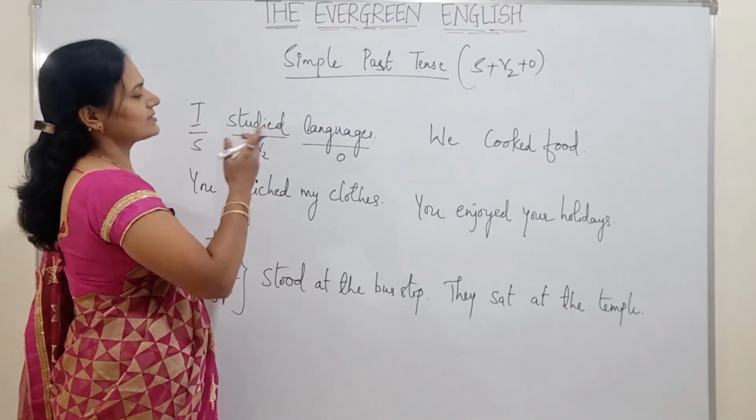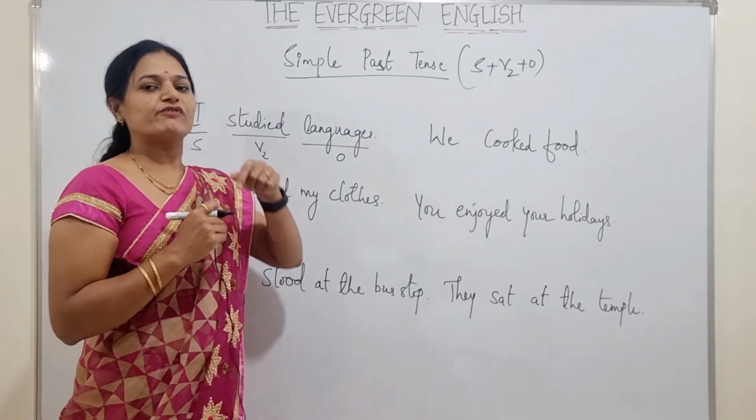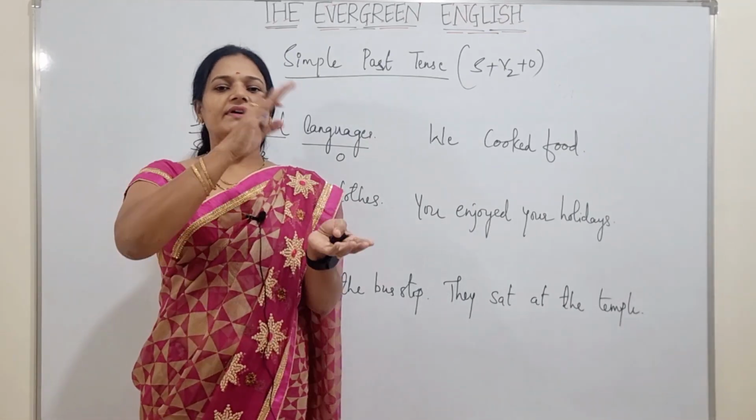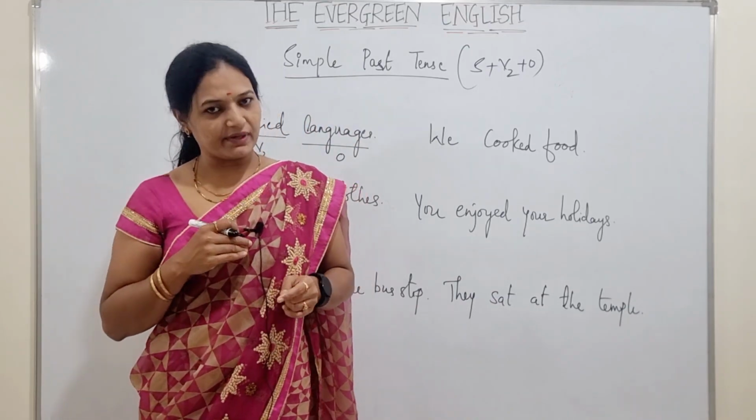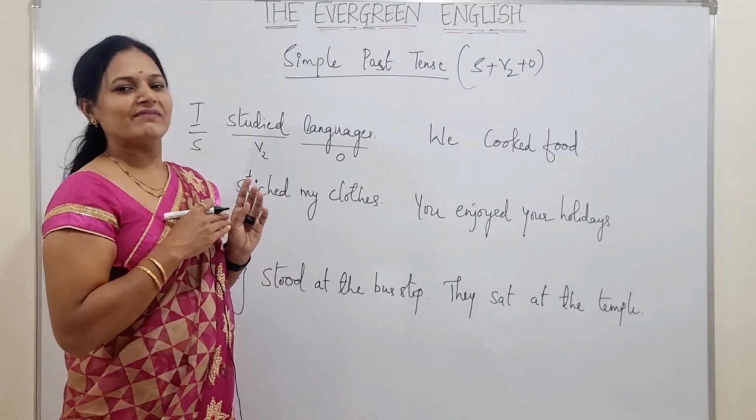I studied languages. Here we don't have any helping verb. I have told you, if we have a helping verb, we interchange subject and helping verb. So in this case, we have to bring in a helping verb.